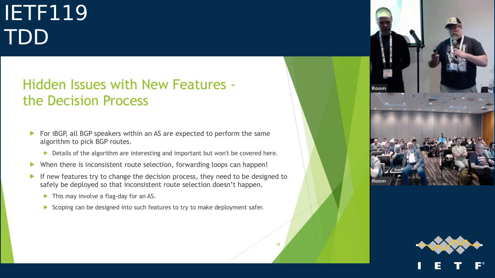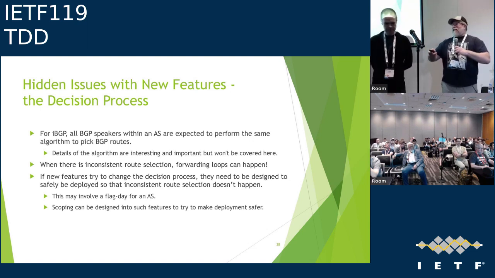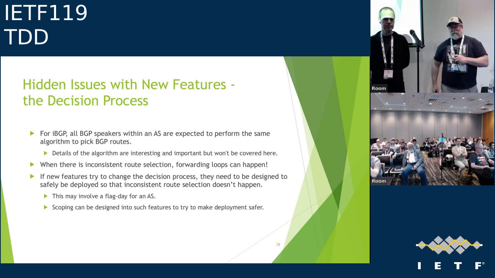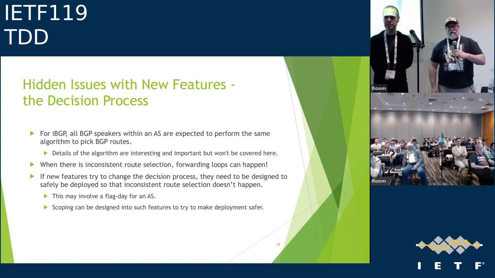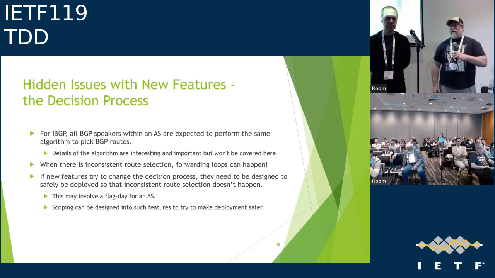When you're doing a new feature that's just carrying new state, that's easy. And as we'll get to when we talk about V6 and later, adding new things to carry is also not hard. Changing core behaviors, you have to do within a scope so that it is consistent. That means you're not only considering how the feature is encoded, which is most of what this talk is about, but also how it's incrementally deployed.